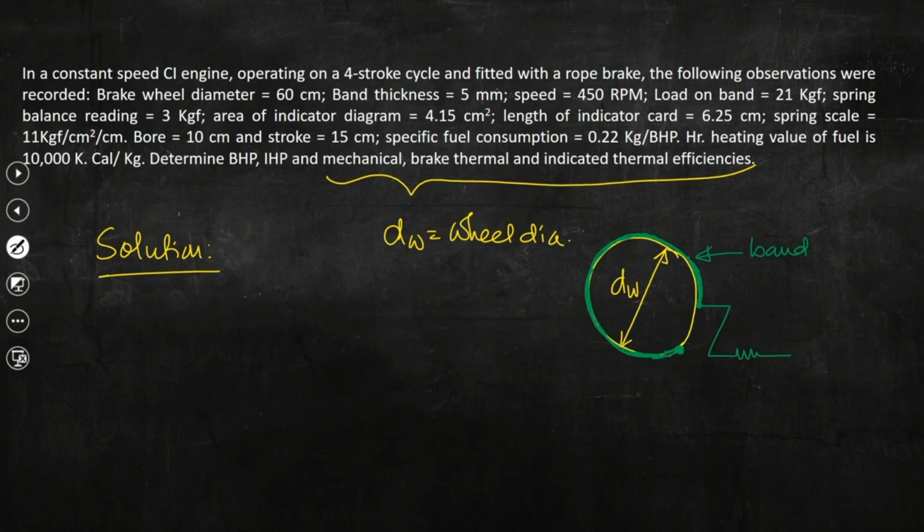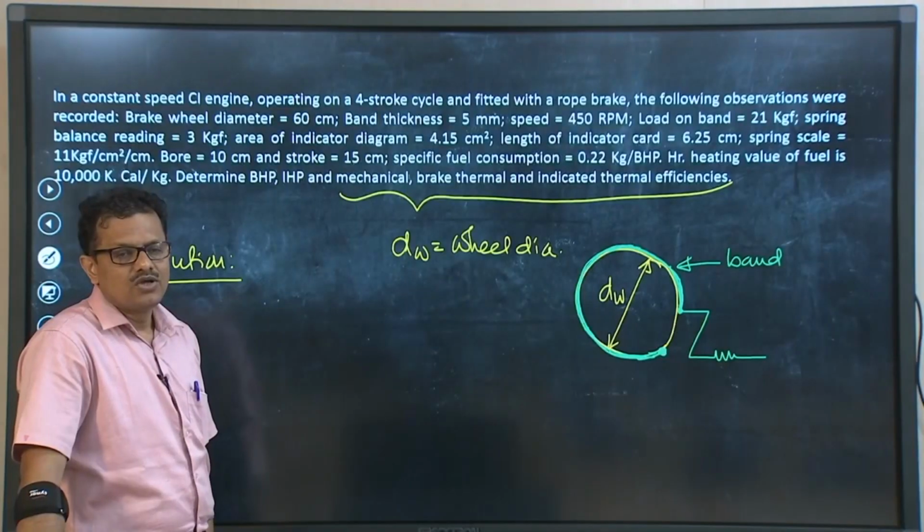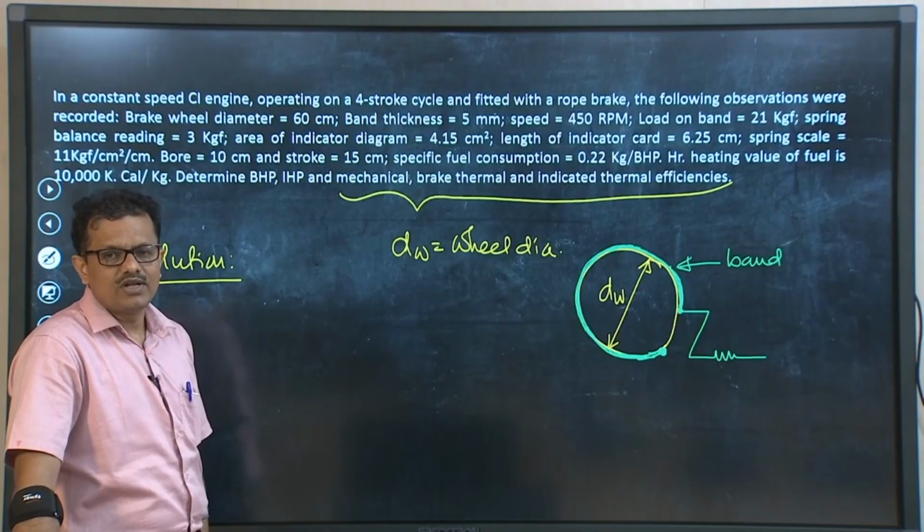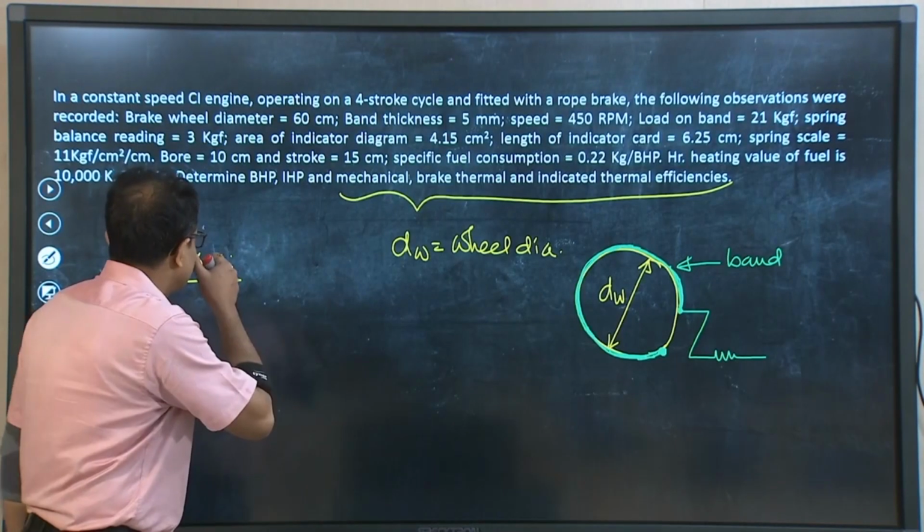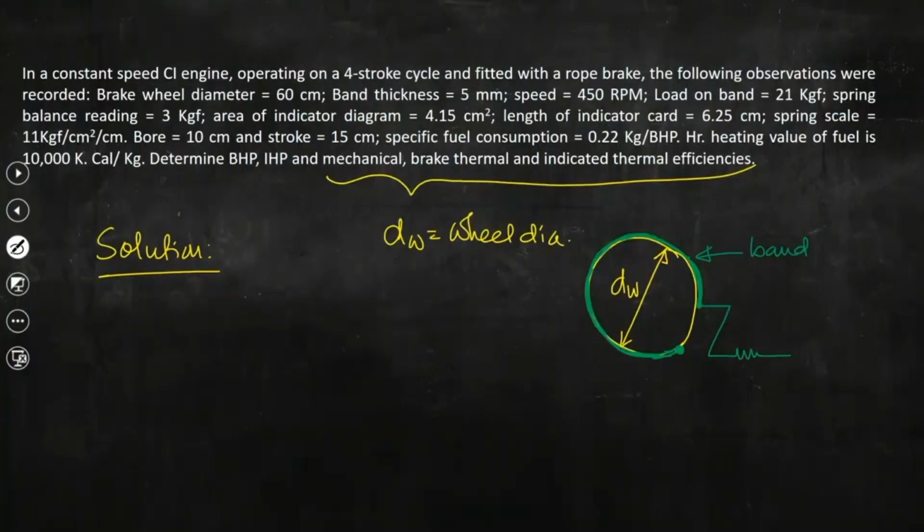From there we can measure the load applied by this external rope brake arrangement. From that load, we can calculate several other performance measuring parameters.